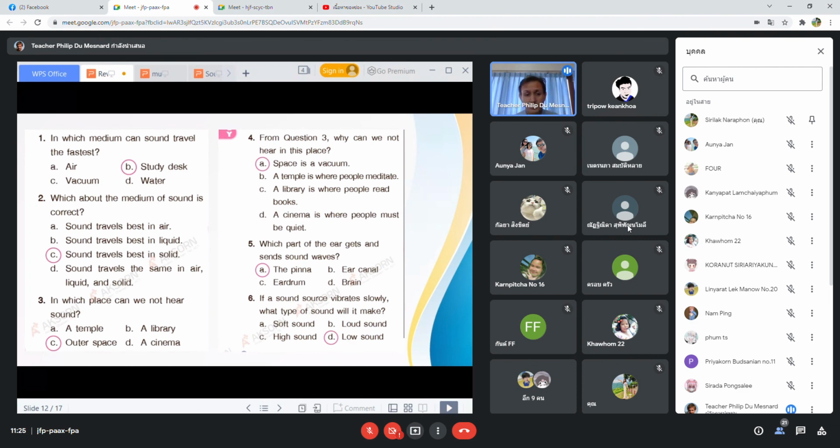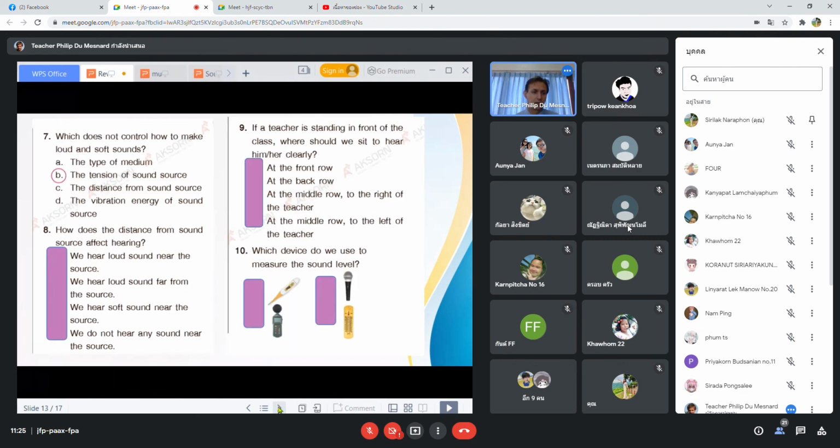Class, let's just quickly finish all the questions because we don't have a lot of time. So I think we can just quickly write the answers. Okay, question 7 is B. Question 8, how does the distance from the sound affect the hearing?